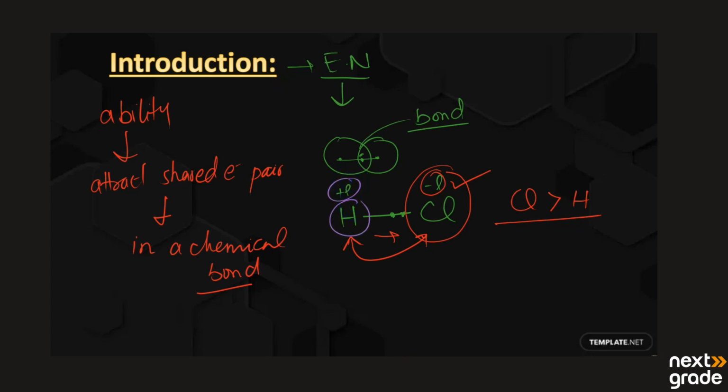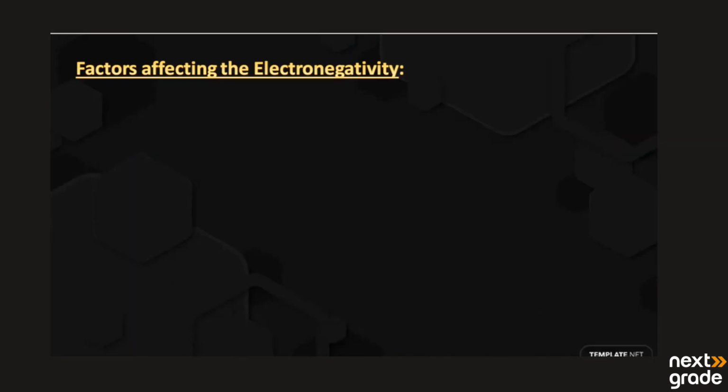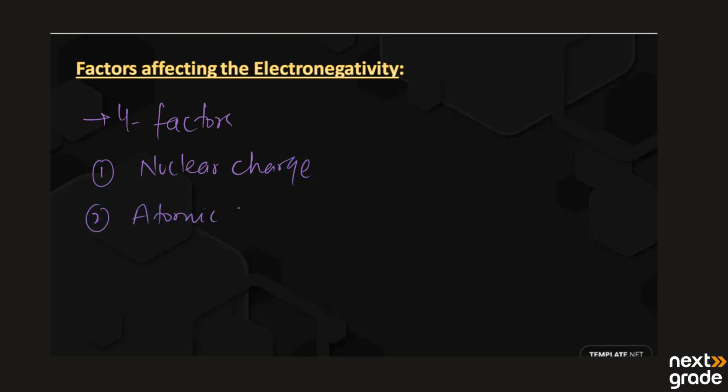Now let's discuss the factors. So there are basically four main factors that can affect the electronegativity. The first one is nuclear charge. The second factor is atomic radius, or we can say atomic size.